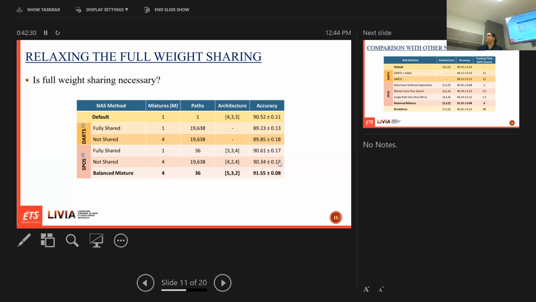Each configuration has independent weights. How can I explain? It's not shared among different levels of feature map sizes. So each level has different weights.